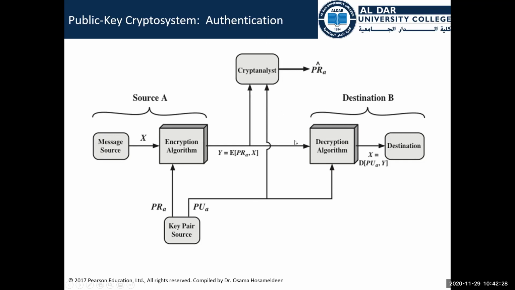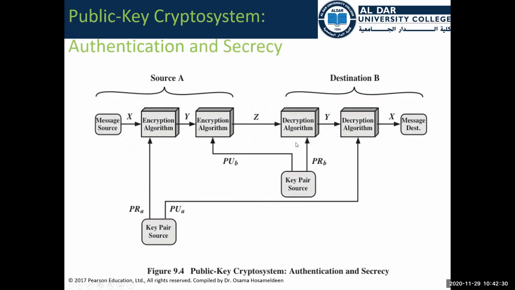This is authentication. And also we said that we can use both approaches to have a stronger scheme that has authentication and secrecy, or authentication and confidentiality together in one algorithm. So we are going to use two pairs of keys, one at the sender and one at the receiver.